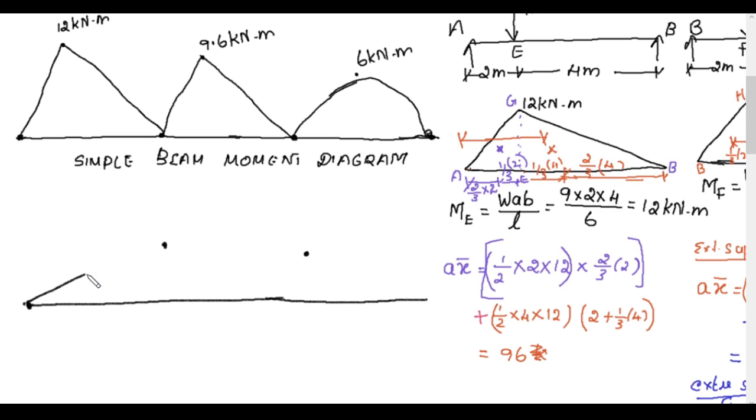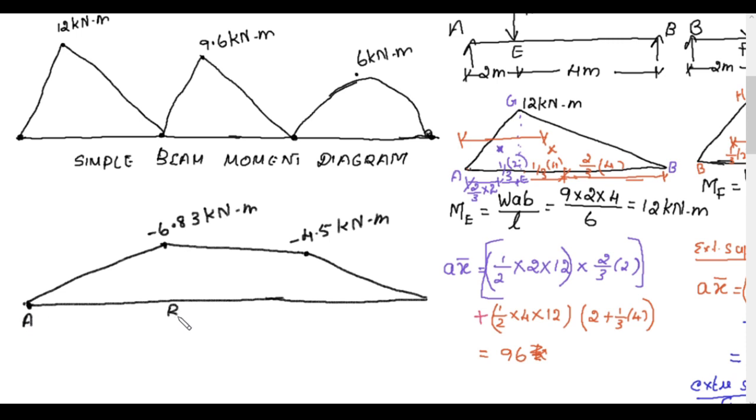So the fixing moment values are minus 6.83 kilonewton meter and minus 4.5 kilonewton meter, and at D it is equal to 0. This is A, B, C and D. So this is fixing moment diagram. That is moment due to the fixing supports.